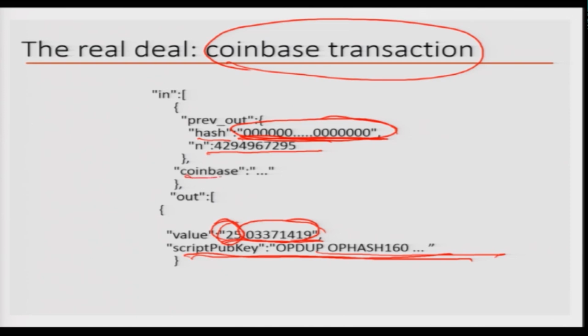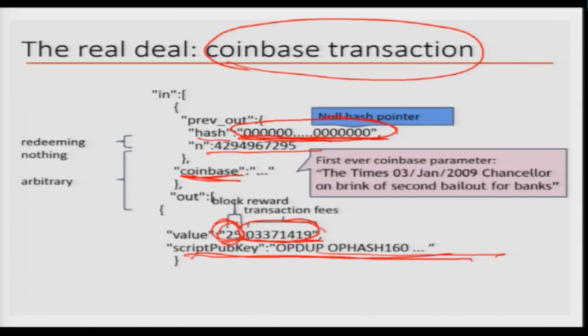In the coinbase transaction, there is also something here called Coinbase, and there you can put any information. So, the Coinbase field can be arbitrary information, and this arbitrary information can also be used to store some information for the future. In the first ever Coinbase parameter, in the very first block, that is the genesis block, the creator of the Bitcoin blockchain put this information: the Times, 3rd January 2009, Chancellor on brink of second bailout for banks.